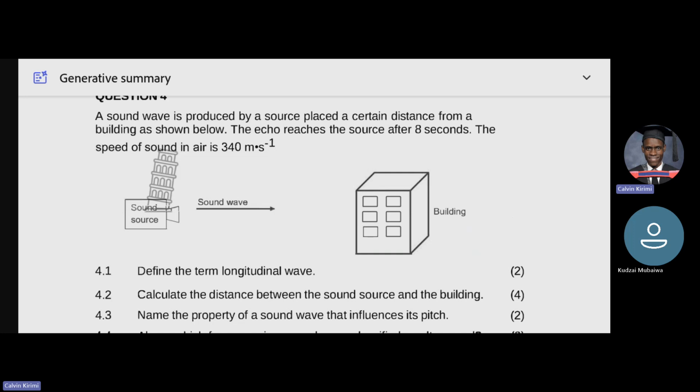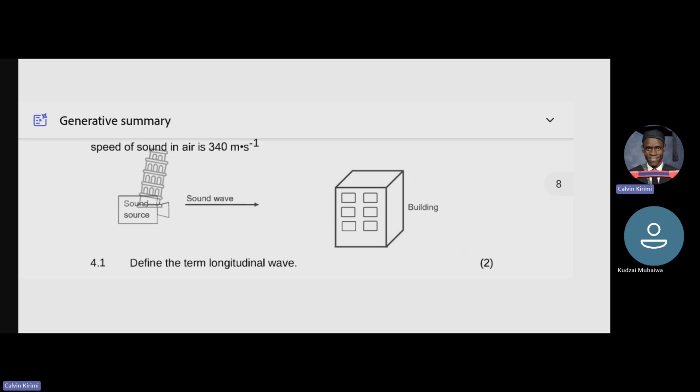The echo reaches the source after 8 seconds. The speed of sound in air we know is 340 meters per second. Define longitudinal wave. What is a longitudinal wave?